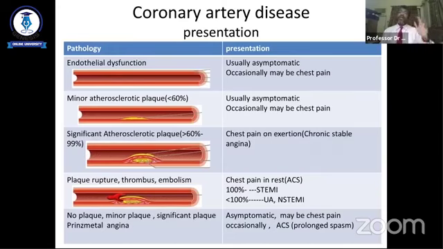This is the way a patient with acute coronary syndrome usually presents: with chest discomfort, rotational chest pain, severe chest pain. The patient feels that he is dying. The patient may say, I am dying from this chest discomfort. So this is the rotational chest discomfort.